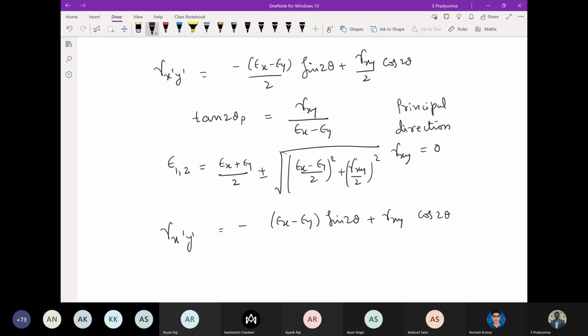Then how do you convert this to the previous kind of expression? Divide both sides by 2. Dividing both sides by 2. All right. Then what happens to this expression now? What is the correct expression for strain transformation then?